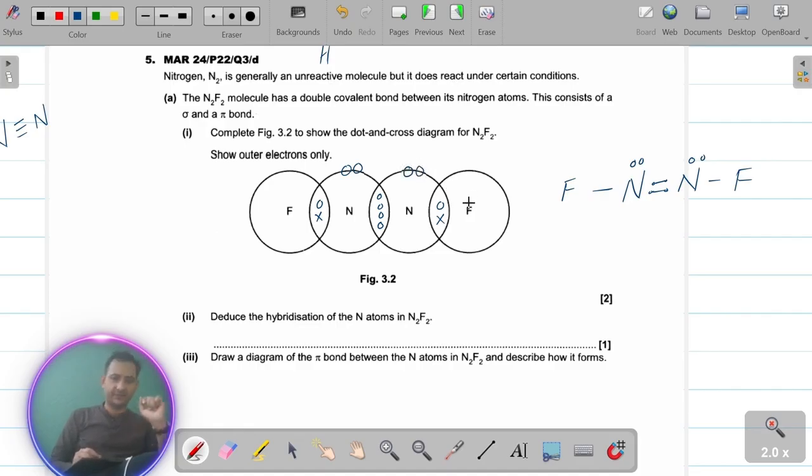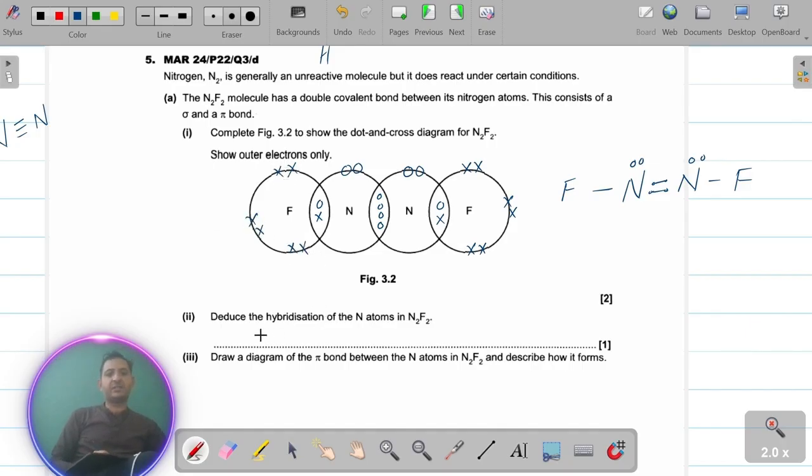Fluorine is from group 7, and we know there are 7 electrons in the valence shell of fluorine. Here we have this one electron, so now I need to draw 1, 2, 3, 4, 5, 6. Please be careful whenever you write these, write them in pair form. So once again, 1, 2, 3, 4, 5, and 6.